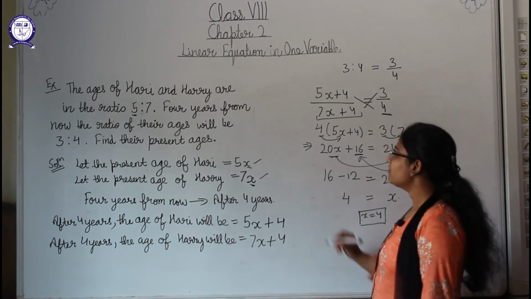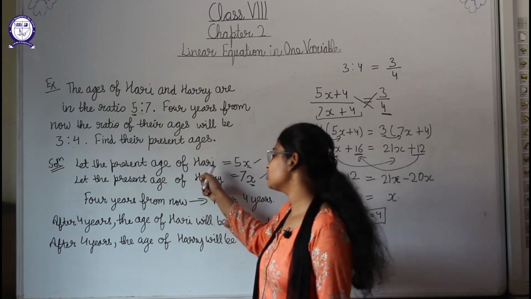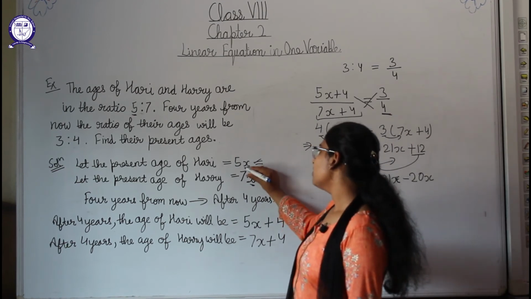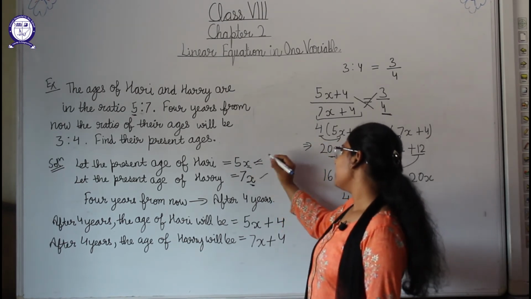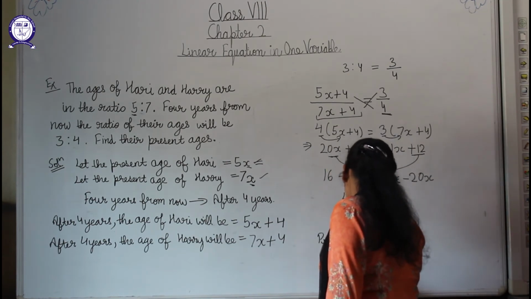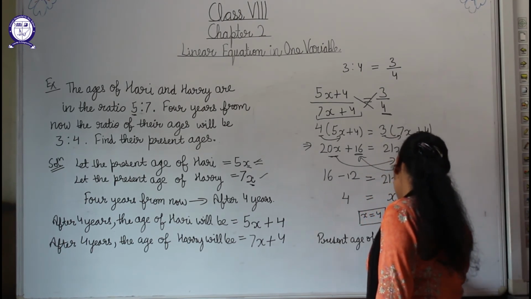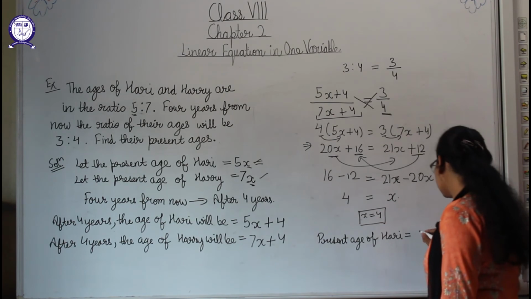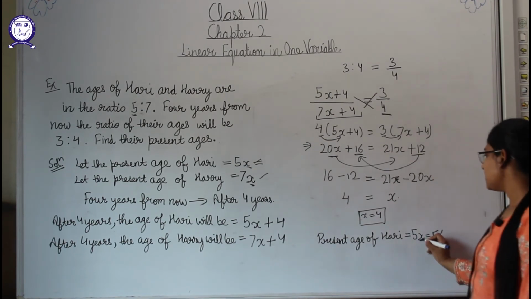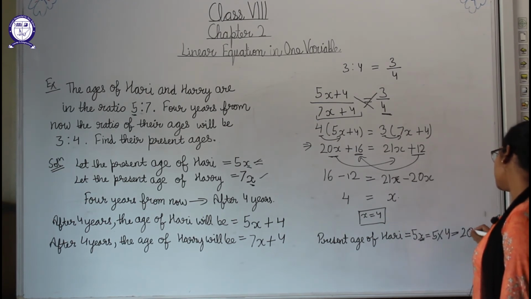Now to find the present ages, we have to find the present age of Hari and Harry. For that we will put the value in 5x. Present age of Hari equals 5x, and in place of x I am writing 4 because the value of x is 4, and 5 fours will be 20.